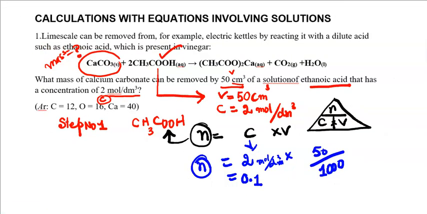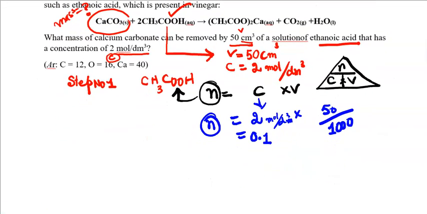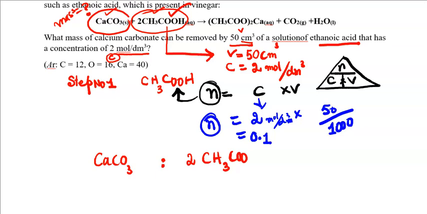Now step number 2. In step number 2, you will just bring out the reactants calcium carbonate and ethanoic acid with their number of moles from the equation provided.